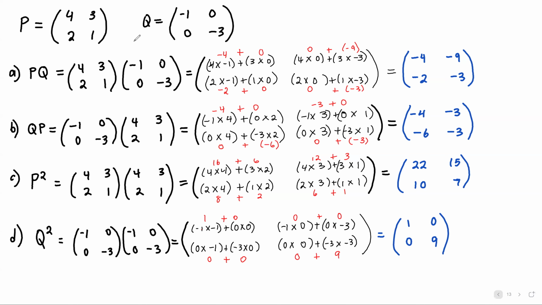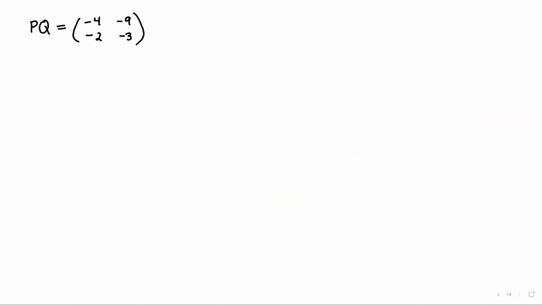Yes. So then, therefore, 3 times PQ would be equal to 3 times -4, -9, -2, and -3. You have to multiply 3 by every element inside it.